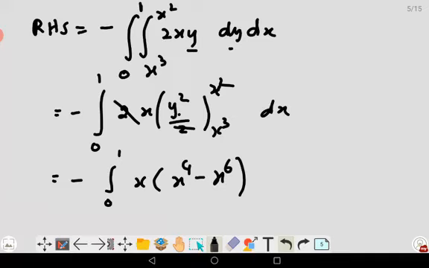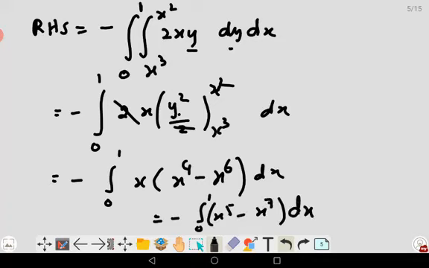Yes, x power 6. Now the outside x should be multiplied inside. You get minus integral 0 to 1 of x power 5 minus x power 7 dx. Therefore integration will give you minus x power 6 over 6 minus x power 8 over 8 from 0 to 1.